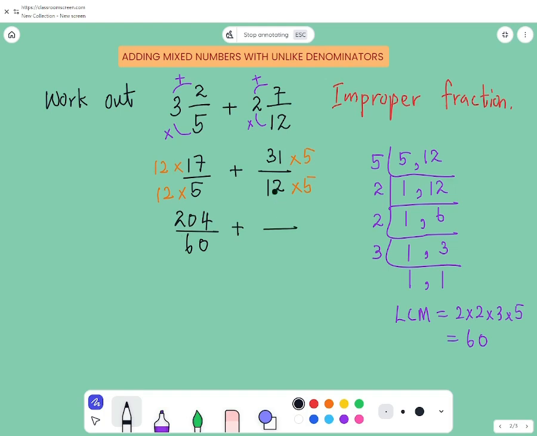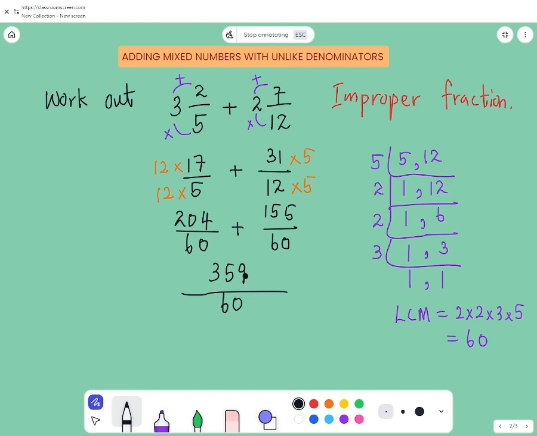Add 12 times 5, 60. 31 times 5, 5 times 1, 5, 5 times 3, 15. Then common denominator 60. Then numerators you can add. 5 add 4, that is 9. 5 add 0, that is 5. 1 add 2, that is 3.